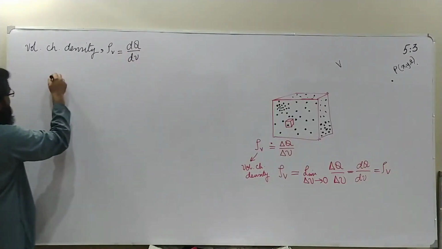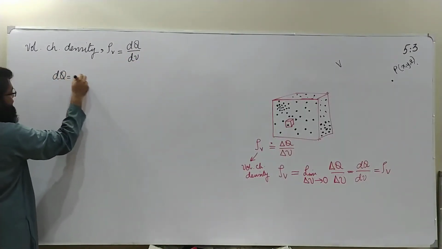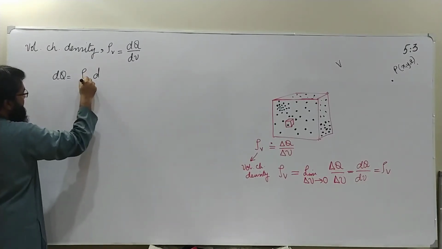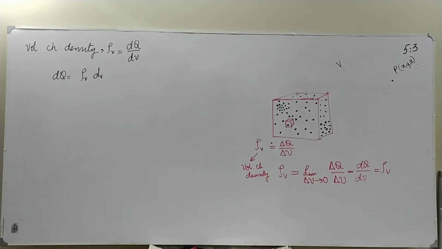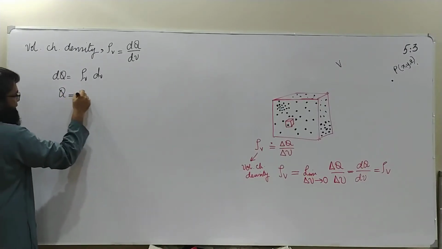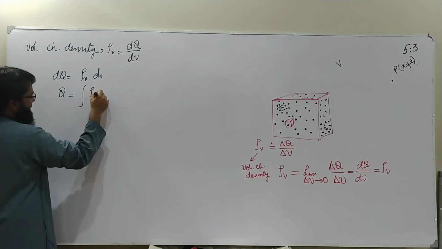If I want to find the total charge, I can cross multiply it. This is v, by the way. Now in order to find the total charge, we can integrate it: integral of rho v dv.